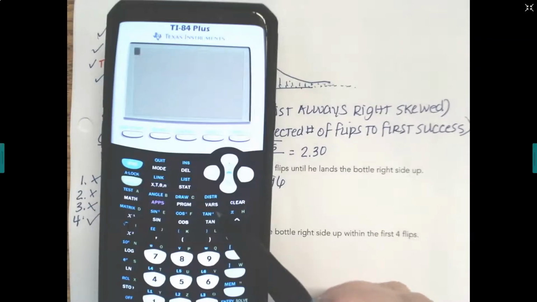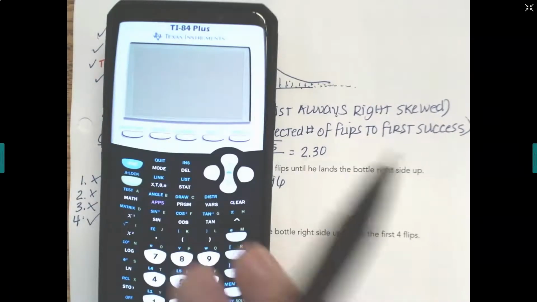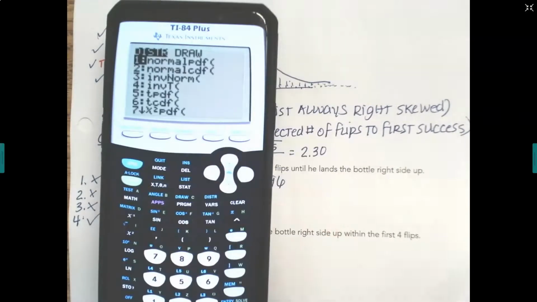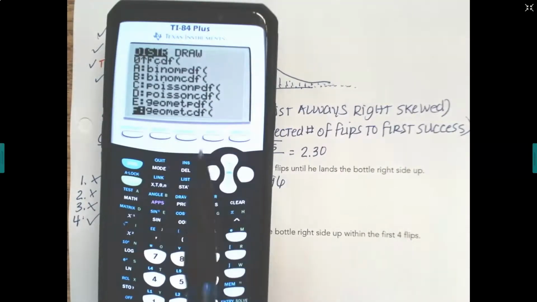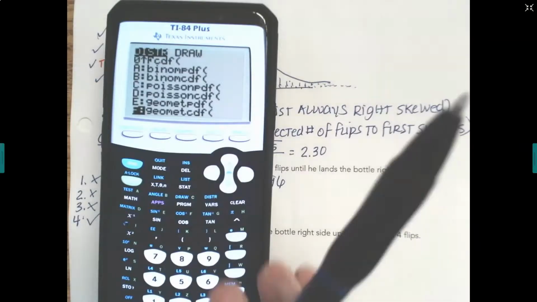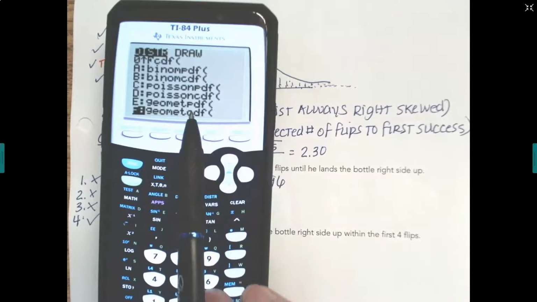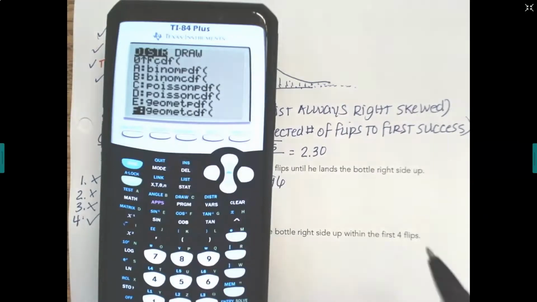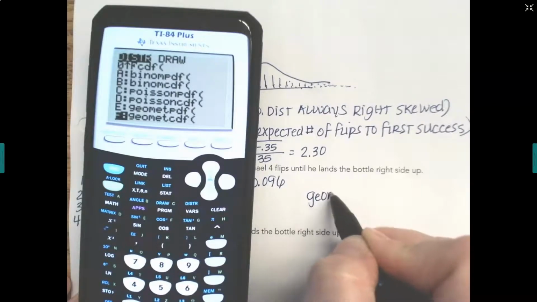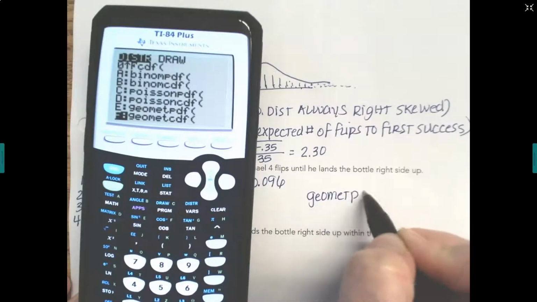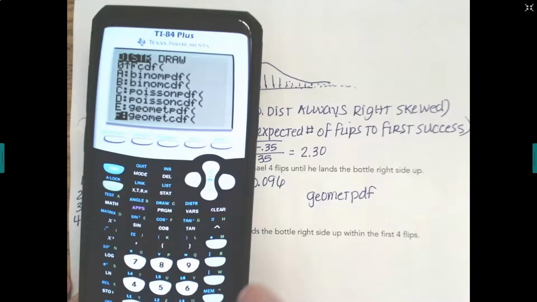Now this can also be done in your calculator. So we're going to go into our distribution, which is right here at vars, so second vars, and I arrow up because these are at the bottom. We have a geometric PDF and a geometric CDF. We're asking about a particular number, so that's our PDF. So we'll write down geometric PDF. Okay, so let's select that and see what it asks us for.